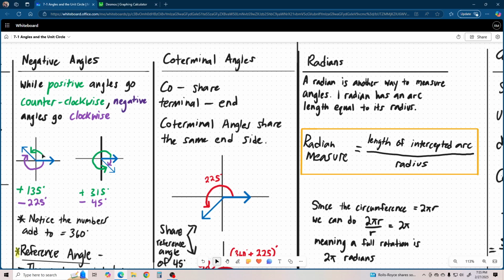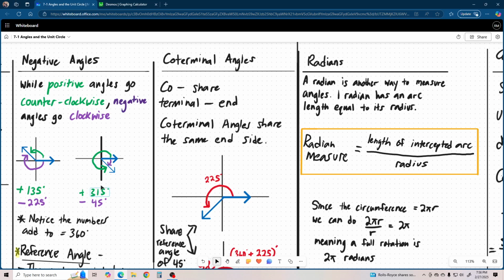So we have 135 degrees positive, which means that the negative angle, in other words the big part of the angle, would be negative 225 degrees, because if we went clockwise from here, you'd actually go from quadrant 4 to quadrant 3 back into quadrant 2, right? So the negative angle and the positive angle will always add up to 360, and they'll always meet at the terminal side. It's just which direction you're going from the initial side.